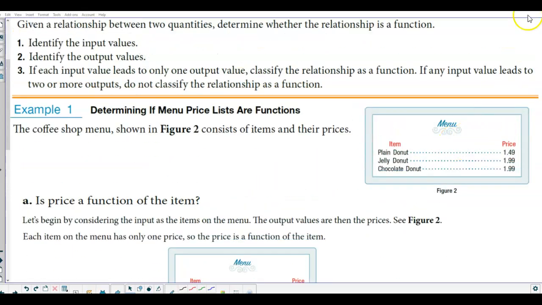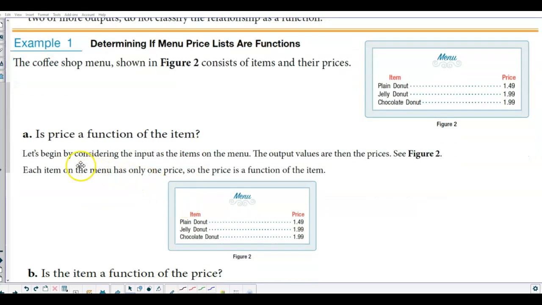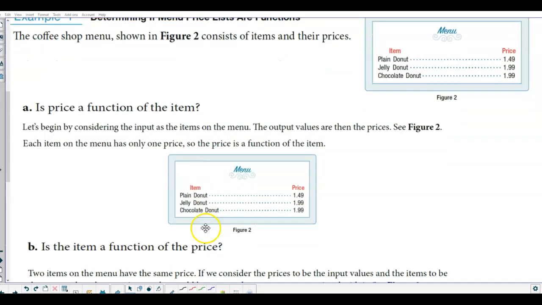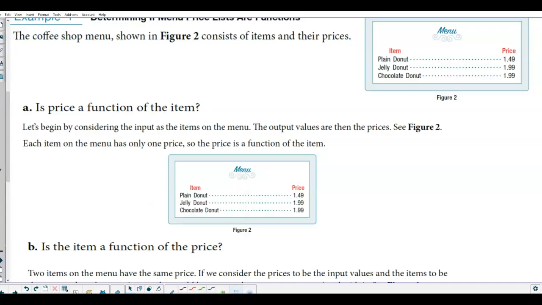So for part A, we want to determine, is price a function of the item? So we're going to begin by considering the input as the items on the menu. So we're saying that the items are going to be the input. So we're saying this represents the input, and then the price is going to represent the output.